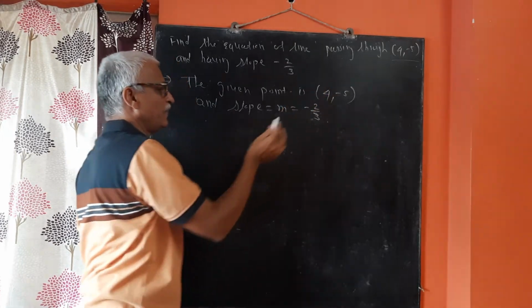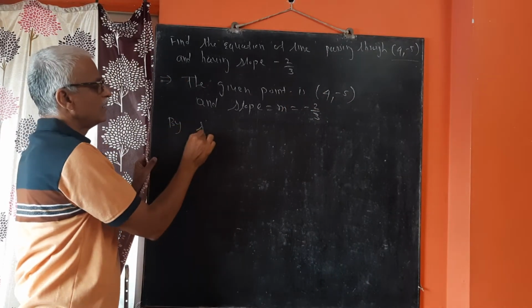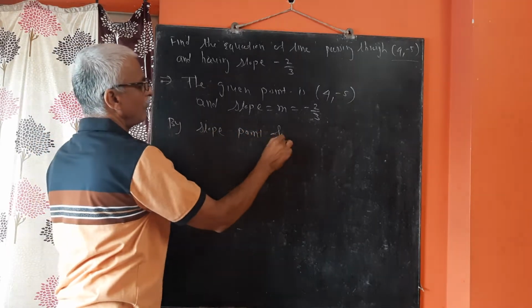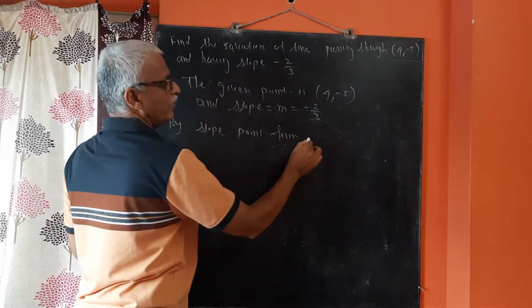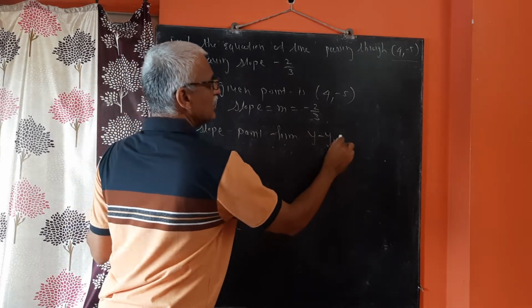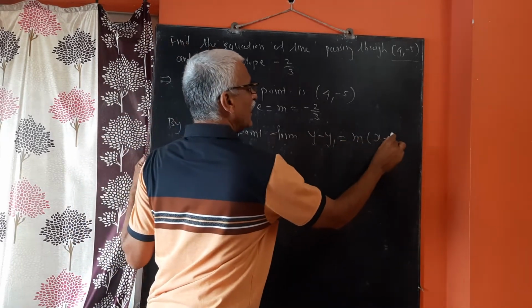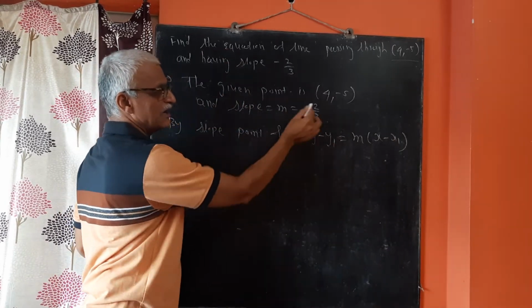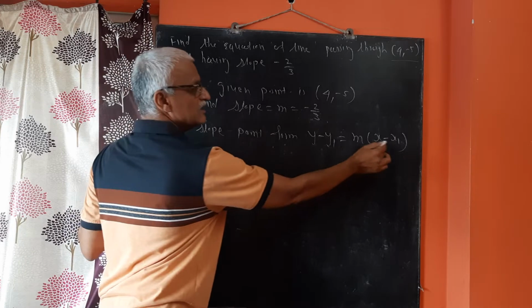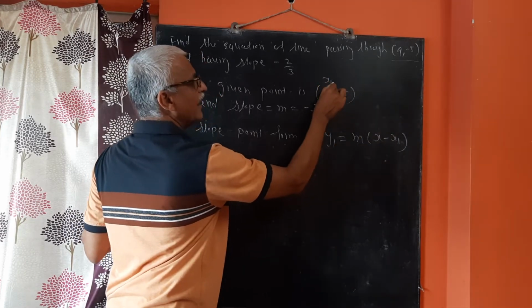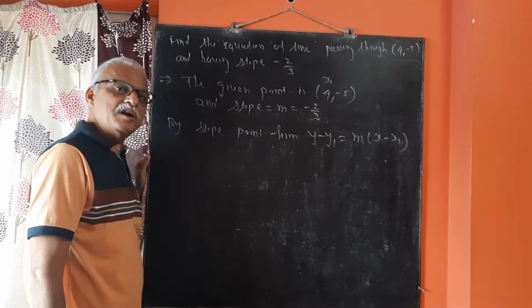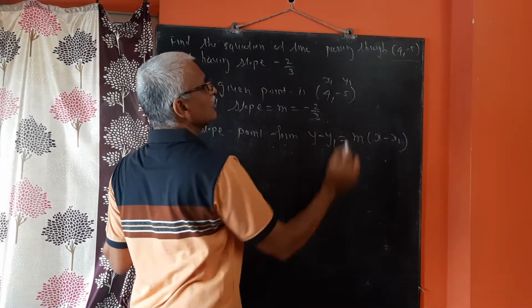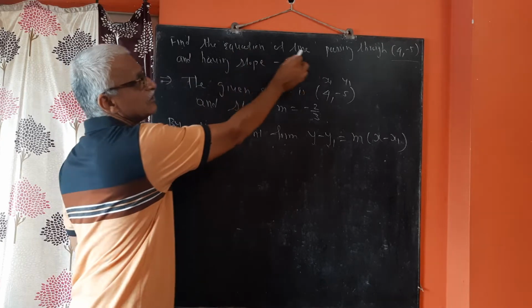So you have to apply the slope point form, y minus y1 equals m into x minus x1. What is m? That is minus 2 by 3. What is x1? This is our x1. x1 means x coordinate of the given point and y1 means y coordinate of the given point. We have to find the equation of line.